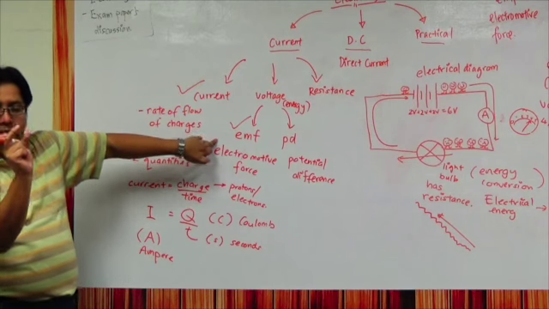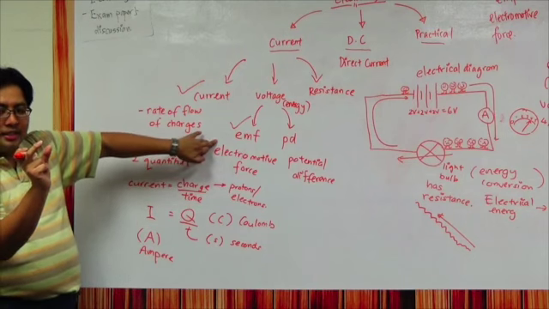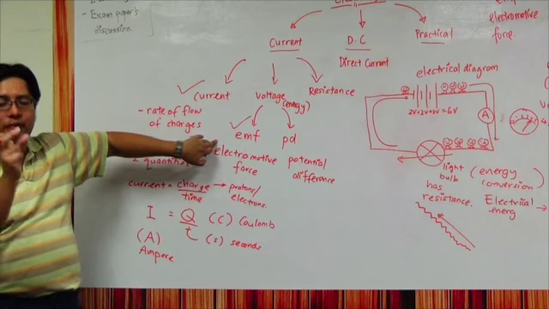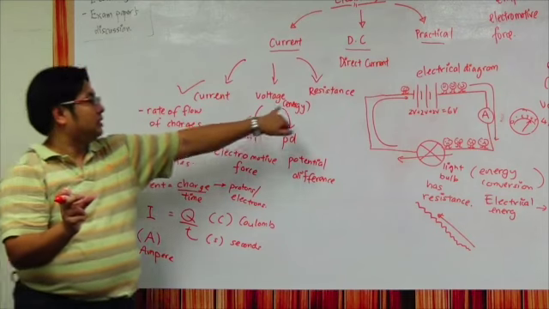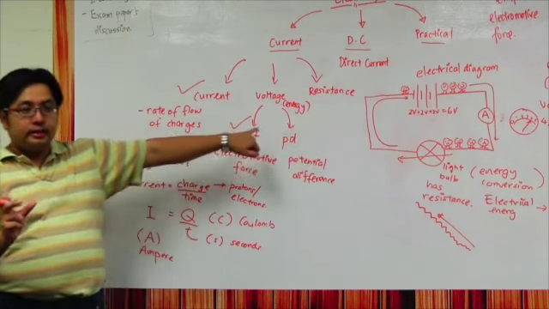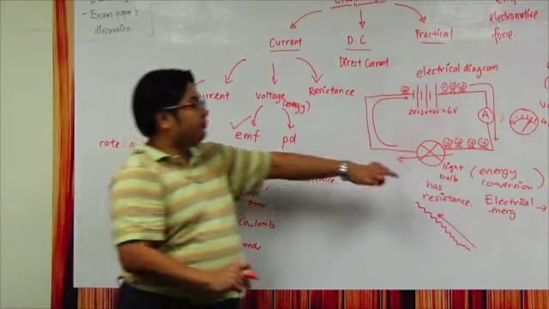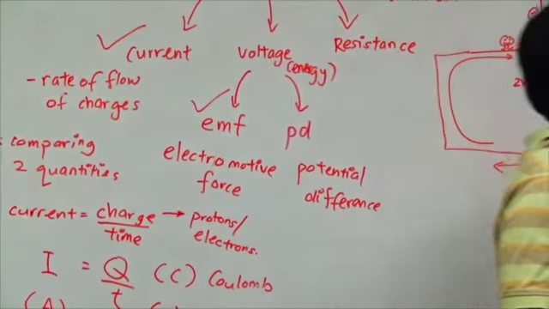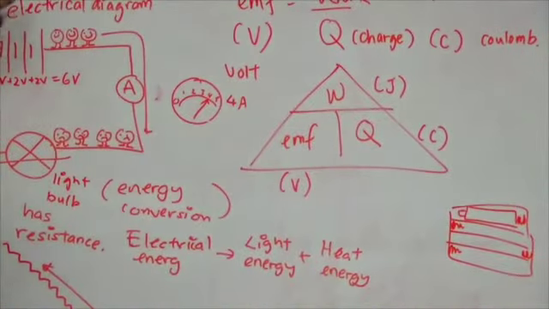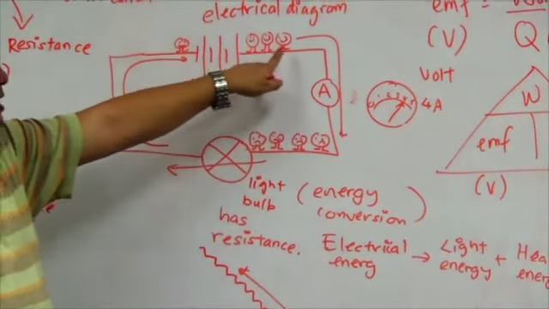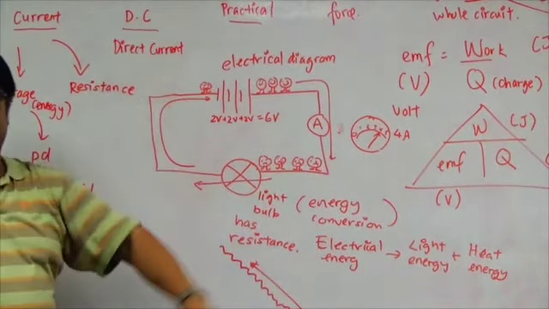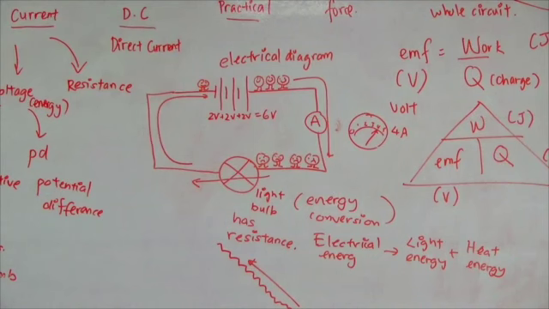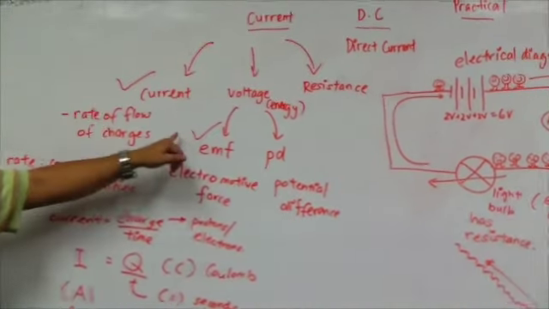If it's just one word to represent EMF, what is it? Energy. So EMF is the amount of energy that the source, which is the battery, gives to the charge as they go through the whole entire circuit. So today we cover two definitions, current and EMF.